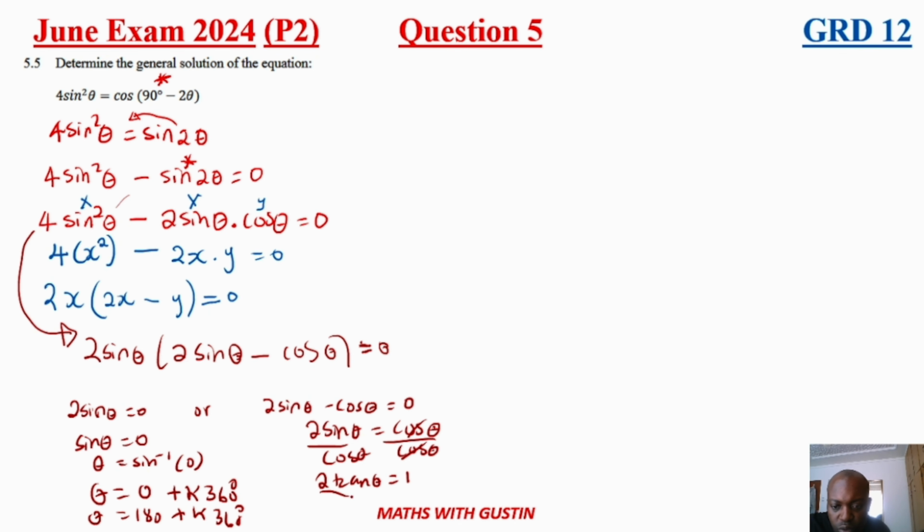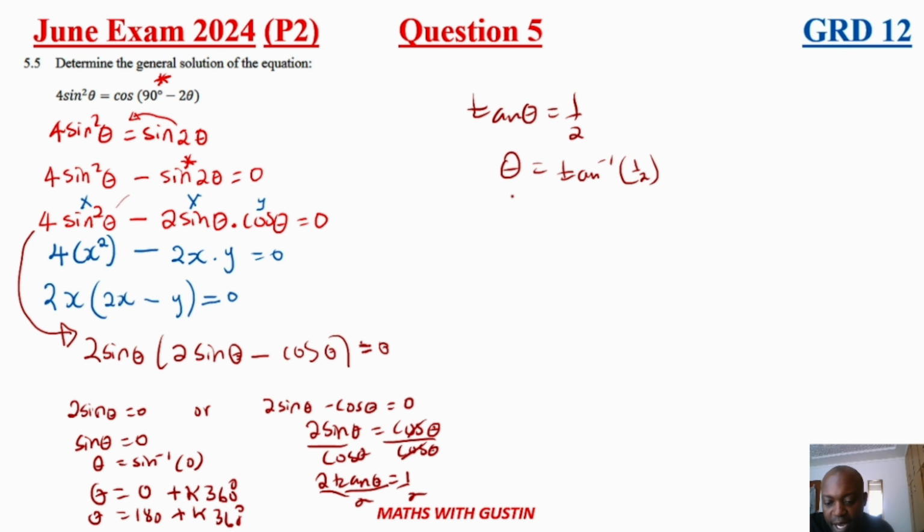So you divide by 2 on both sides, you're going to be left with tan theta is equal to 1 over 2. So therefore, you're going to say theta is equal to tan second function of 1 over 2.